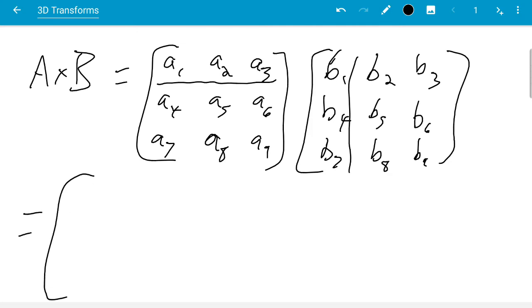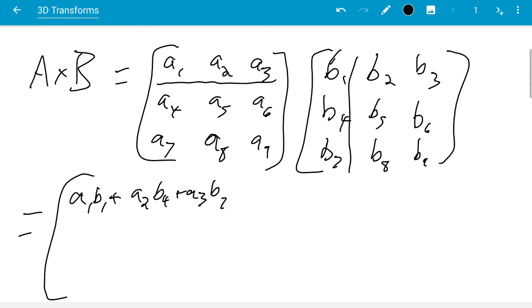It's going to be big. So we're going to multiply A1 times B1. We're going to add the next part. So A2 times B4. Alright, those are the ones that match up. A3 matches up with B7. So A3, B7.